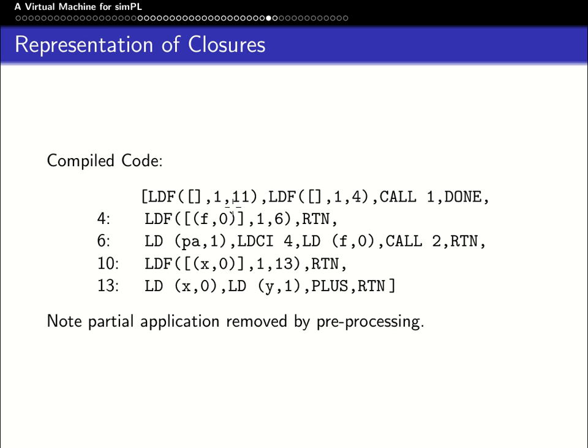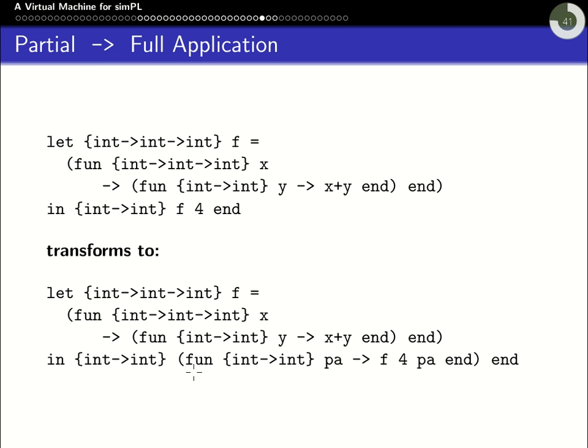All right, so I'm assuming this is 10 or 13. I think this is 10. All right, so we're defining a function that has 1 argument is defined at line 10. All right, and so this would be the first thing to go into the stack, right? We're defining another function that has 1 argument and is defined at line 4, and then we're calling 1. Right, and then we're done. So this is precisely this function right here.